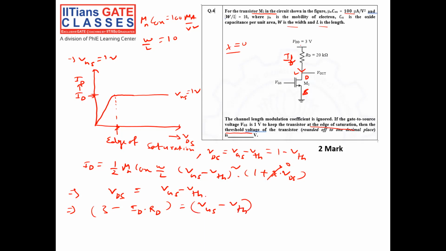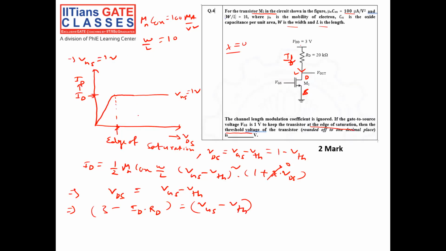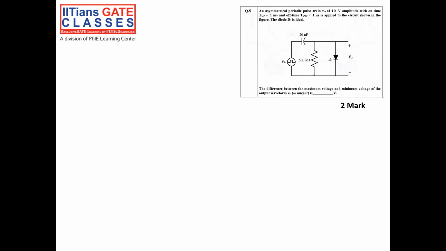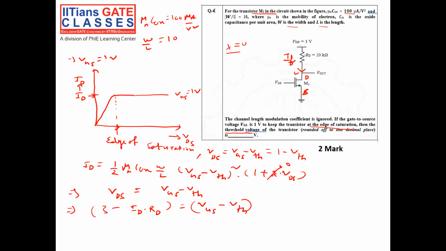So now let's solve it. This implies 3 minus ID into RD, let's write the equation again, 3 minus ID into RD is the VDS, equal to VGS minus VTH for the transistor to be at the edge of saturation.